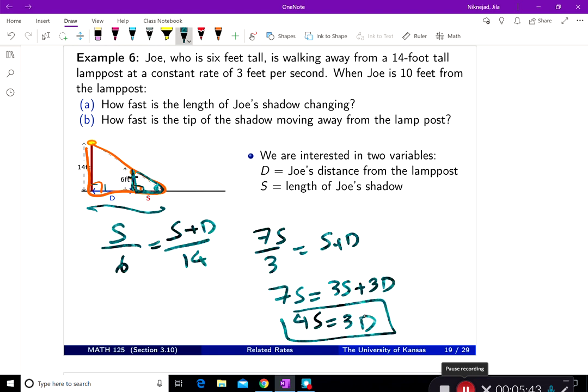As I'm reading, it says he's walking away from the lamppost at the constant rate of 3 feet. That means D is increasing at 3 feet, so I know that dD over dt is equal to 3 feet per second.